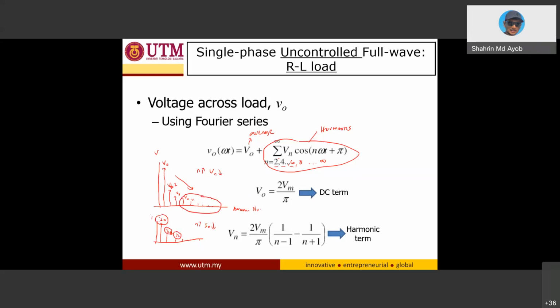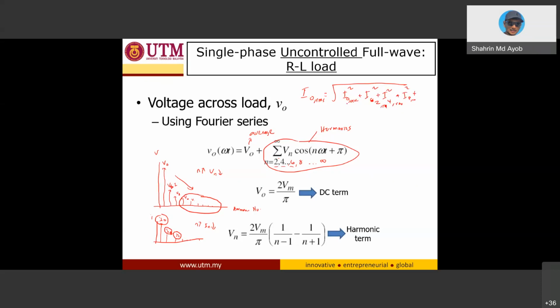If you want to calculate and compute the current, for example I out RMS, you can get it from I out average plus I2 RMS squared plus I4 RMS squared plus I6 RMS squared plus I8 RMS squared and so on.